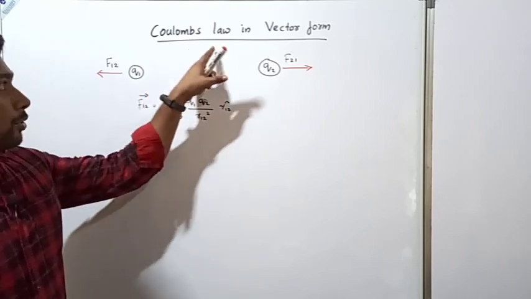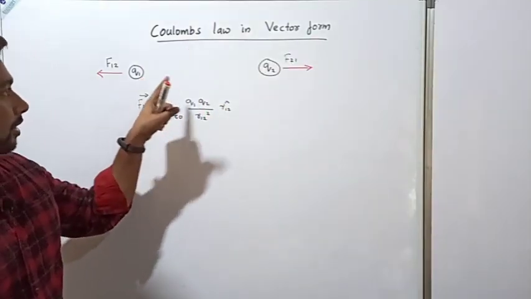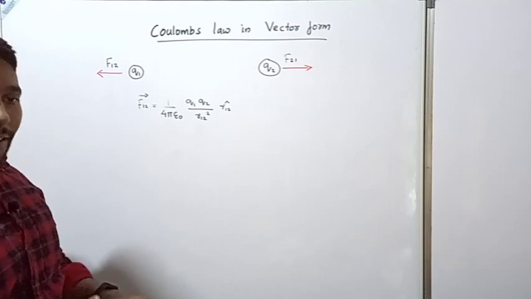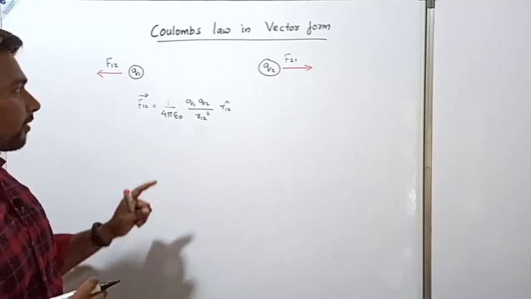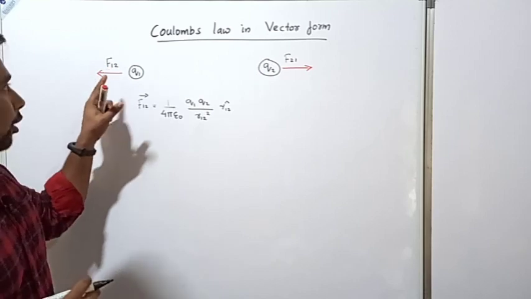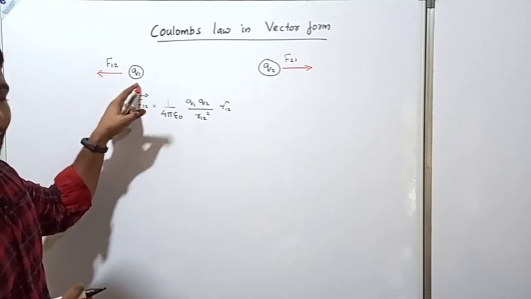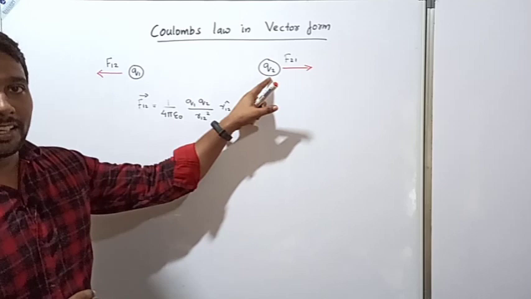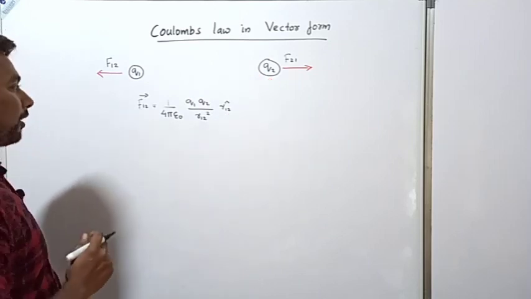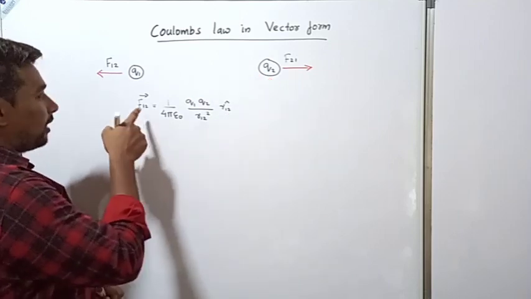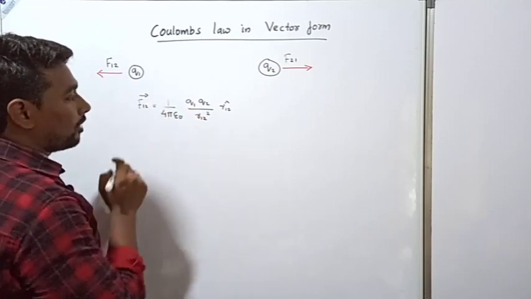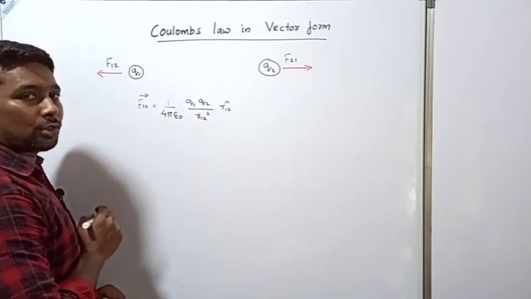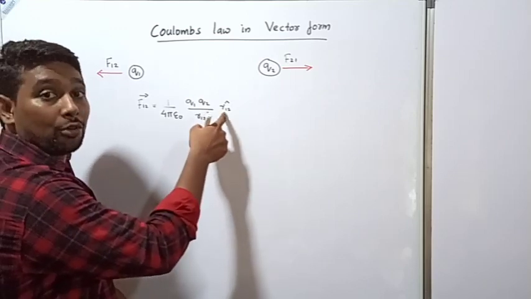We are considering Coulomb's law in vector form. So we consider two charges Q1 and Q2, and F12 represents the force acting on this charge due to this charge. Okay, now we found F12, which is equal to 1 by 4 pi epsilon 0 Q1 Q2 divided by R12 the whole square. What is this? This is our unit vector.